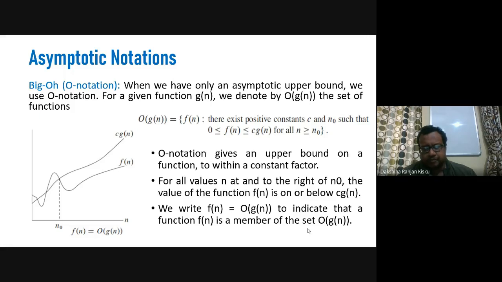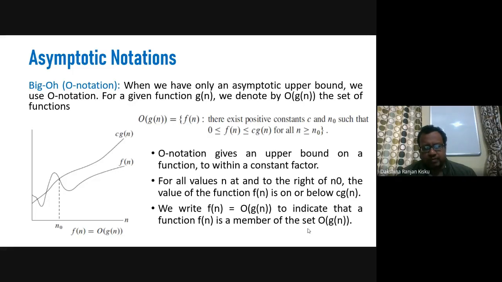Now consider the function f(n) equals 3n plus 2 and g(n) equals n, and we are saying that f(n) is order of g(n). That means f(n) is less than or equal to c·g(n), so we have to prove this.